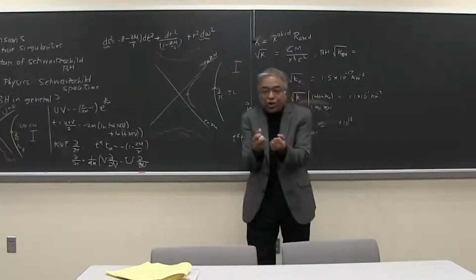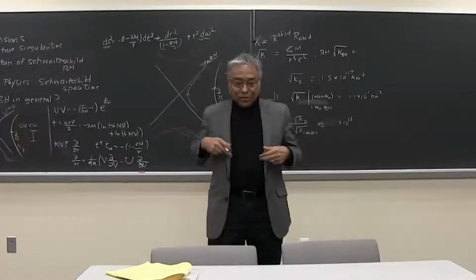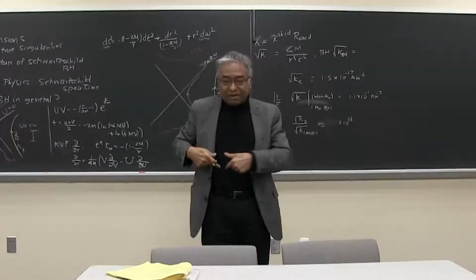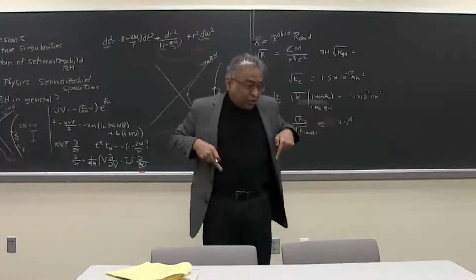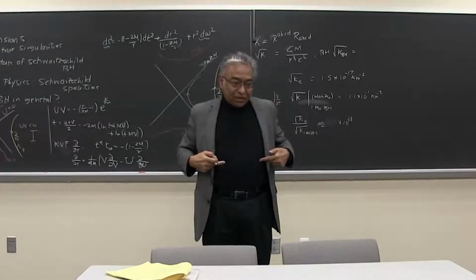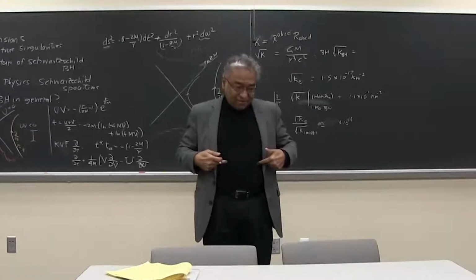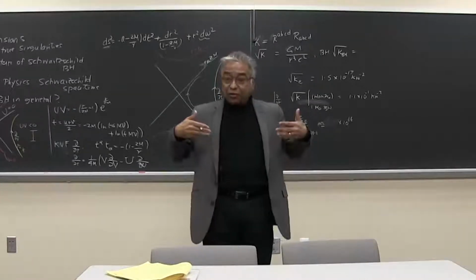How much you are going to be ripped apart if you are on the surface of Earth? Because this part of my body, this point of my body, is going towards the center of the Earth, and this is going to the center of the Earth. If you look at the tidal force, there is actually a force between them, not because of the mass here and mass here, but just because the gravitational field of Earth is not uniform.